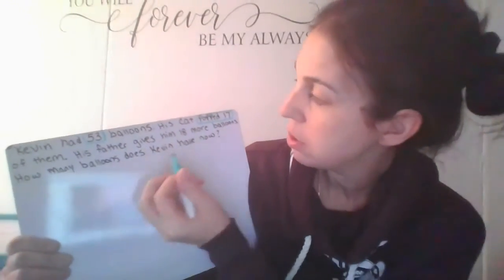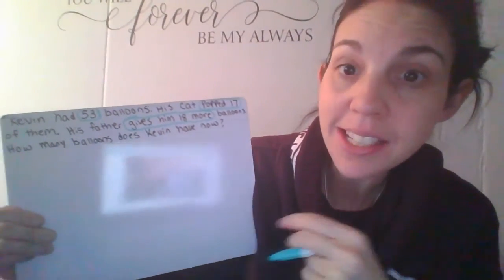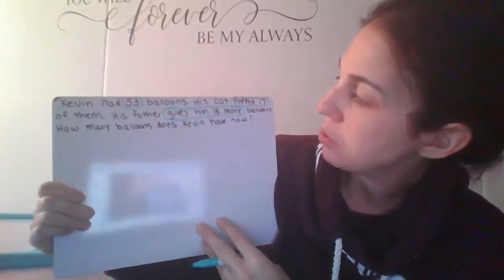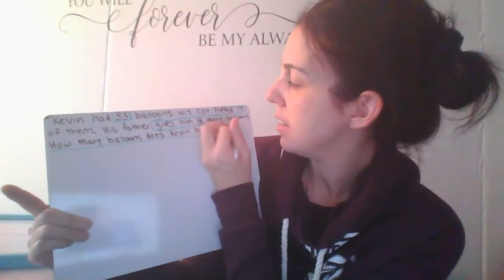His father gives him 18 more balloons. So gives him, I'm going to circle this whole phrase, 18 more. Gives him 18 more. So we know he's going to be giving him more. How many balloons does Kevin have now? Okay. And I always underline that last question.